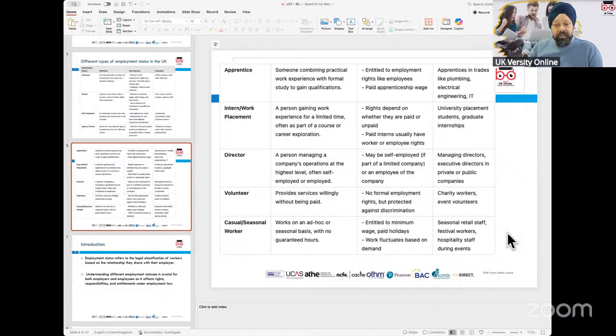and they in return are looking at carrying out a particular project or a bit of work, which will be the practical aspect of the requirements that they are required to complete as a part of their study or as their project. So here, your rights would depend on whether they've been defined in the contract or in the work placement.